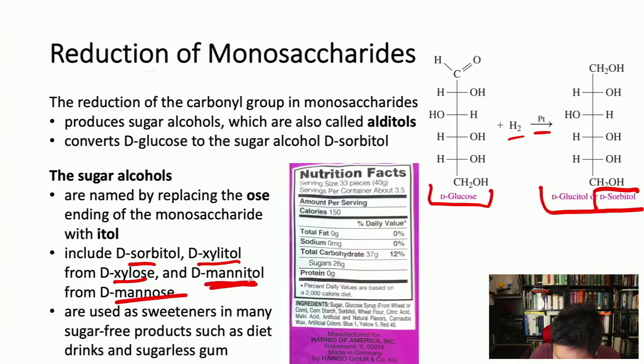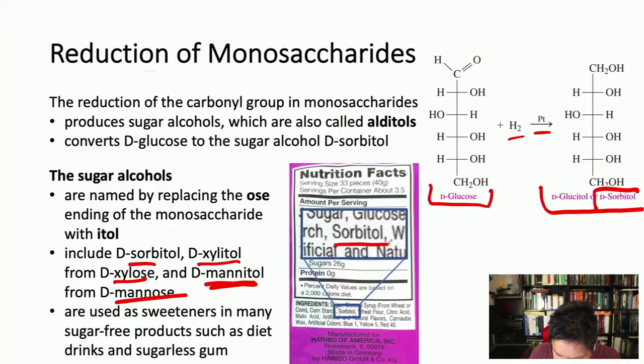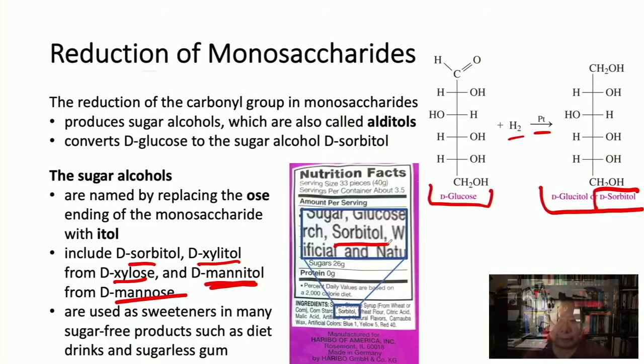Speaking of gummy bears, this is actually a nutrition facts label from Haribo's sugar-free gummy bears. If you take a close look at it, sorbitol is one of the listed ingredients. The reason why it's a funny story is because back when I was in grad school, I had an undergraduate working in my lab, and we used sorbitol to help in the expression of proteins and enzymes when we grow cells.